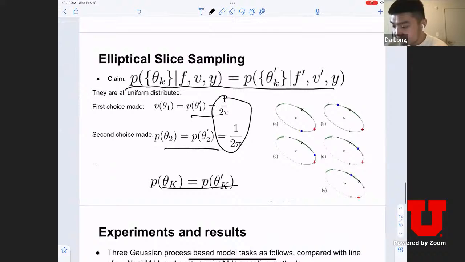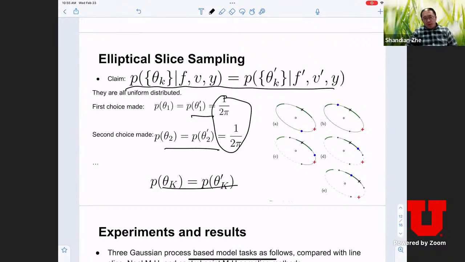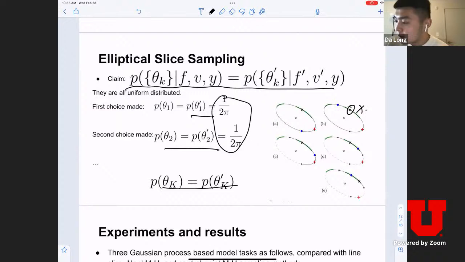But how do they guarantee that by using this shrinkage procedure, they can always find a theta which passes the acceptance test? Because the current sample is the black cross, and you always do the shrinkage away from the current sample, and the current sample is always inside the valid region, like the green line.